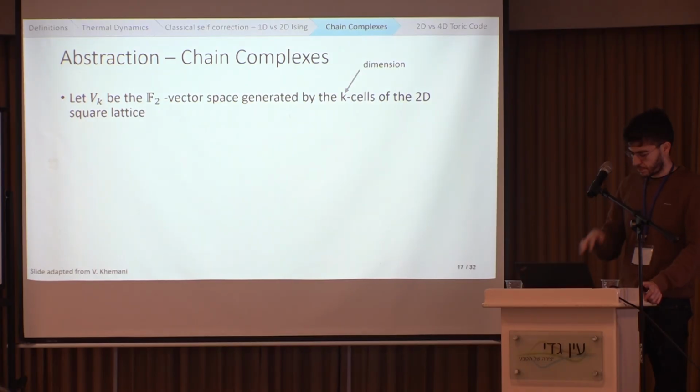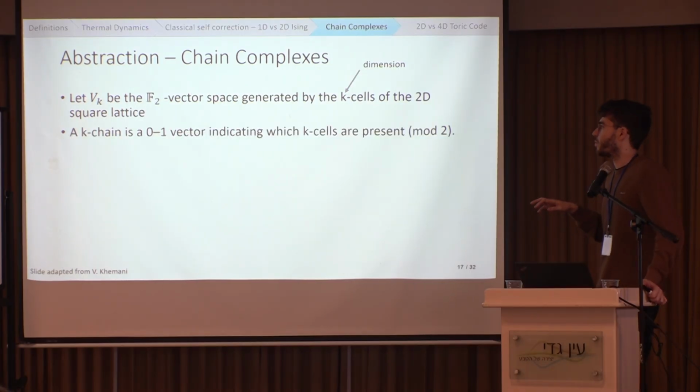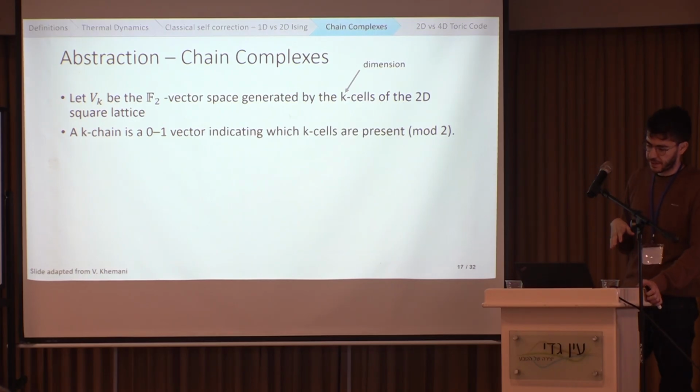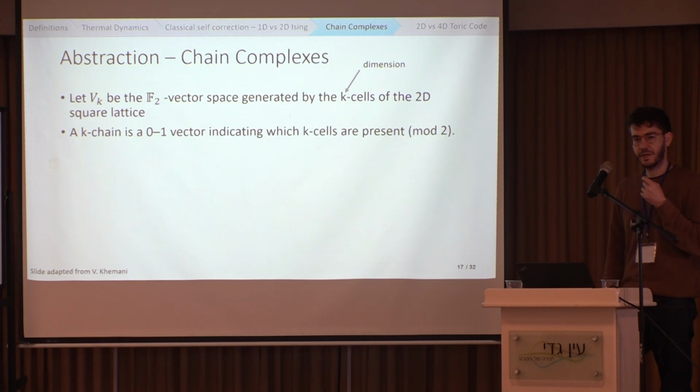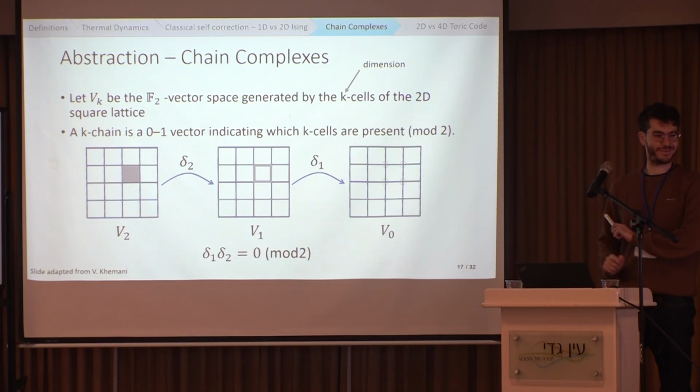V_k is an F2 vector space generated by k-cells, where k is the dimension. A 2-cell would be a plaquette, a 1-cell would be an edge, a 0-cell would be a vertex.